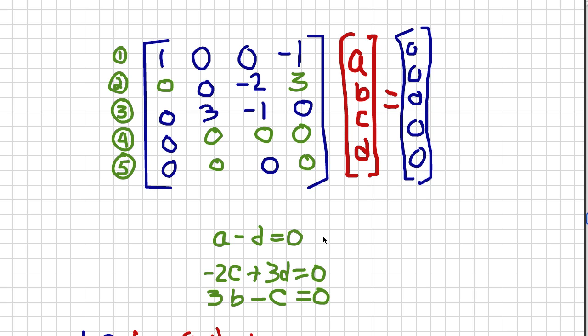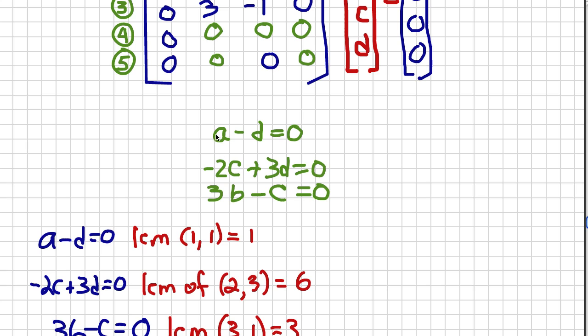Now, here's how I go about doing it. Pay attention for a minute. I'm going to look at the coefficients multiplying each variable in each equation. For example, in this one the coefficient here is 1, and here we could say it was 1 or negative 1 if we count the negative sign as part of the coefficient, but I'm only looking at the absolute value of the coefficients.